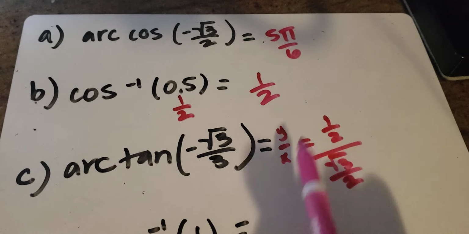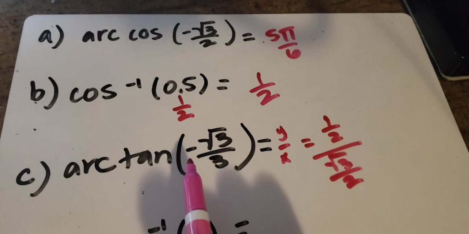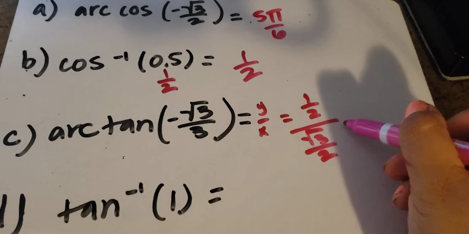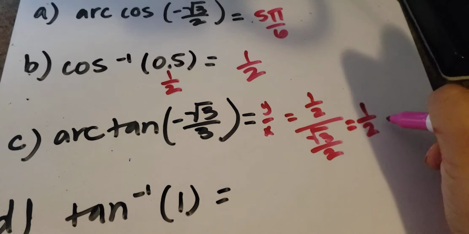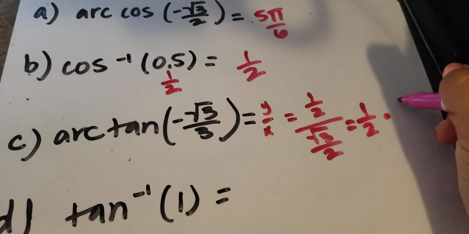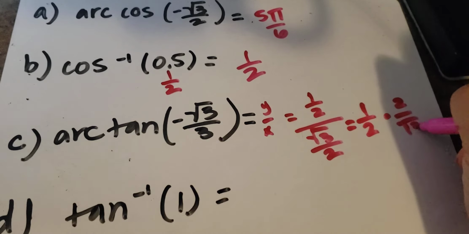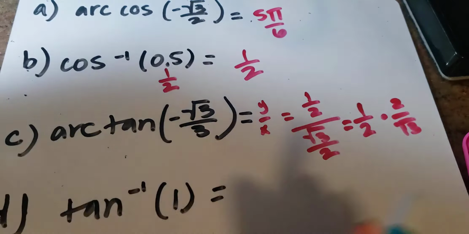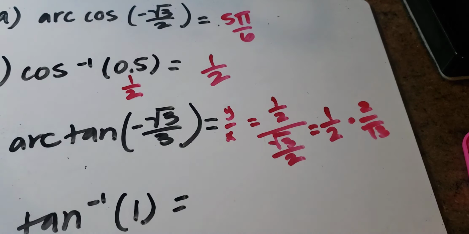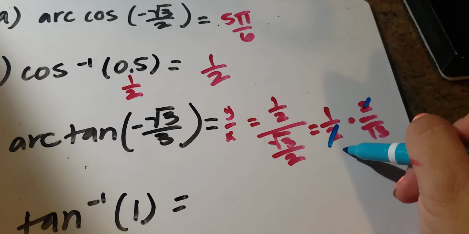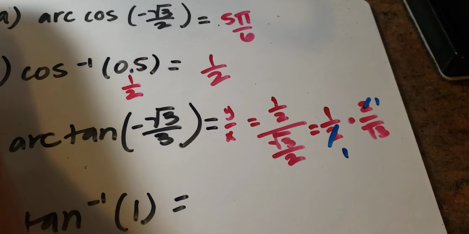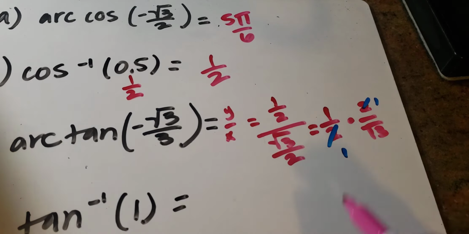Remember, right now it's not negative. Ignore the negative. So it is the same as saying 1/2 times the reciprocal, which is 2 over radical 3. Now, what's going to happen is your 2's will reduce to 1. Everybody likes to say they cancel, but they don't disappear.